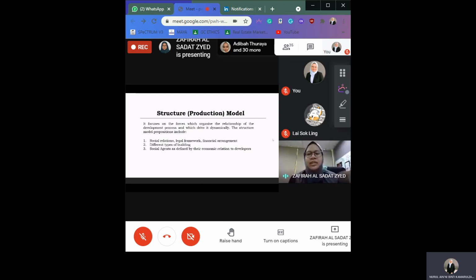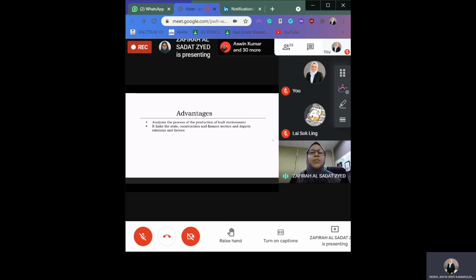But the structure model took that into consideration and added that you need this framework, you need to put in financial arrangement, you need to know all these other things like public institutions within the model. Okay, so that's great. So the advantage is that everything in the process can be analyzed in order to produce the built environment, and it also links the state, construction, and finance, and depicts the relationship as well.